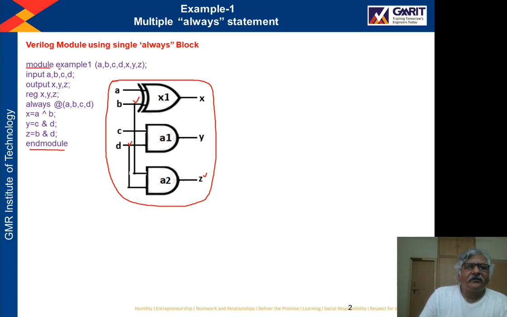Let us name this Verilog module example1, and the ports of this module are A, B, C, D, X, Y, Z. The input ports are A, B, C, D. The output ports are X, Y, Z.